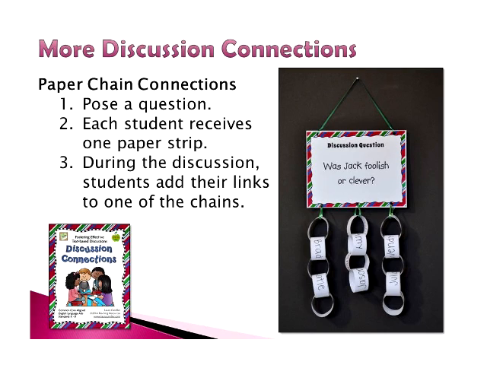You pose a question. You give each student a little paper strip and they put their name on it, and then during the discussion they come forward to the front of the class and add their link to one of the chains. So Sally might respond first, and then maybe Brad links onto Sally's idea. Or maybe Brad wants to introduce a new line of thinking, and so you hang a new one on.